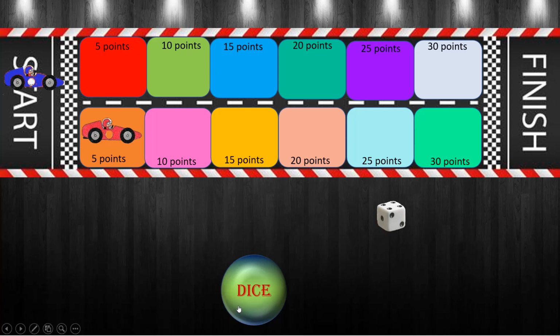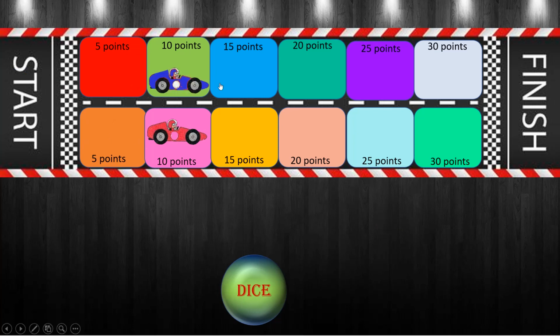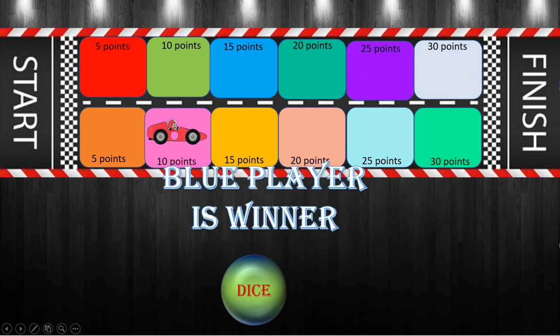I'm just giving you the overview. Okay, as you can see, I'm just taking the blue car forward to make you feel how the game will go forward. And you can see when I click on the last block, our car moves forward and blue player wins.